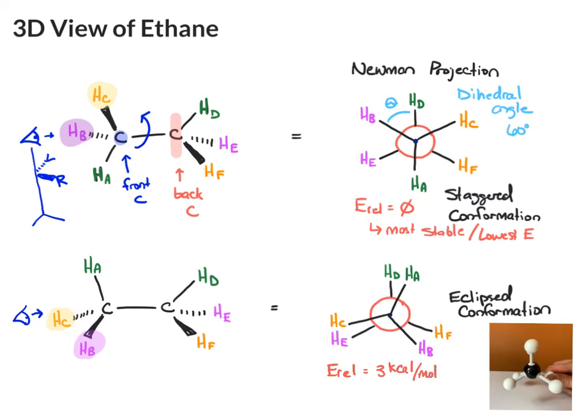And this happens to be the highest energy conformation of ethane. We're going to talk about conformational energies in a bit, but just to go ahead and clue you in, every hydrogen-hydrogen eclipse raises the energy by 1 kcal per mole. And in this case, in terms of the dihedral angle, these hydrogen are directly in front of one another. So the dihedral angle is 0 degrees.